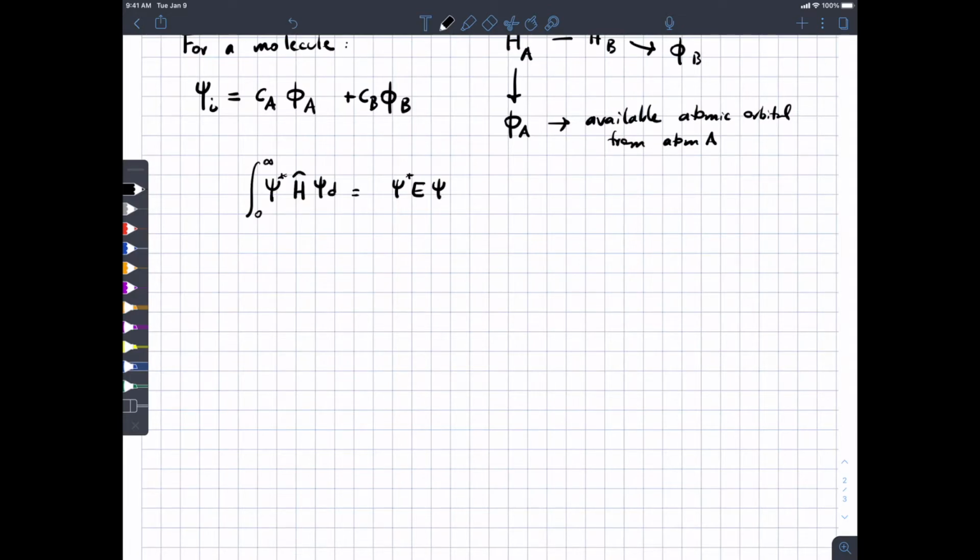I'm going to stop using x because we're no longer using one-dimensional wave functions. What your book uses for a sort of generic 3D coordinate is the Greek letter tau, as though we needed more of that, but what are you going to do?